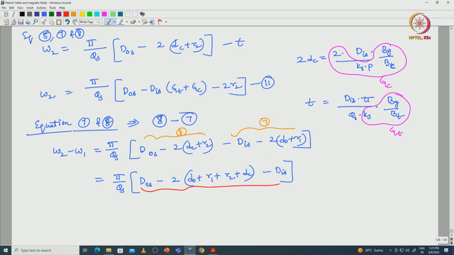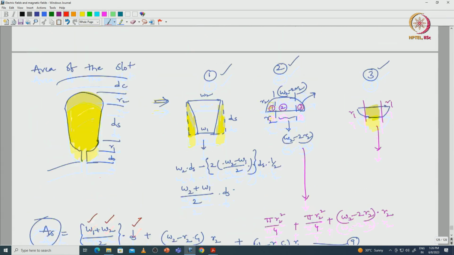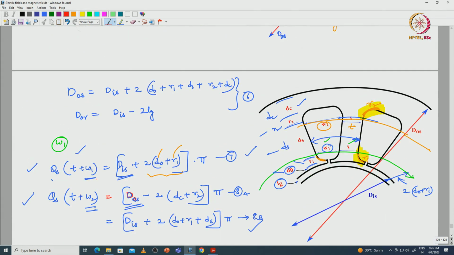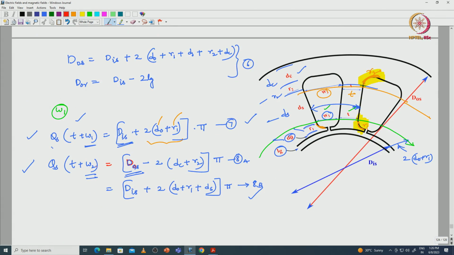So, this entire term we can replace with 2 into ds, right, from the slot diagram if we will see. Here dis plus d naught plus r1 plus ds plus r2 plus dc, all these terms, if we add 2 times to the inner diameter of the stator, then we will get the outer diameter, right.